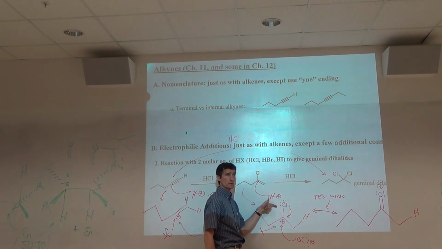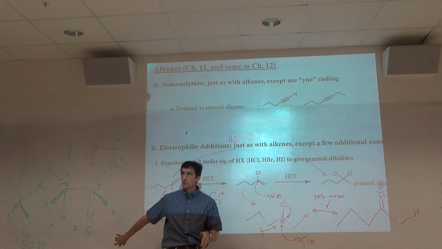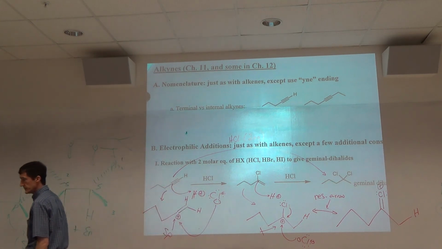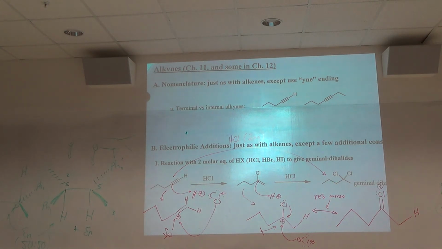This is resonance. We did this before. We had an oxygen before. Let's go back and let me show it to you. It was one alkene reaction set. Right down here.